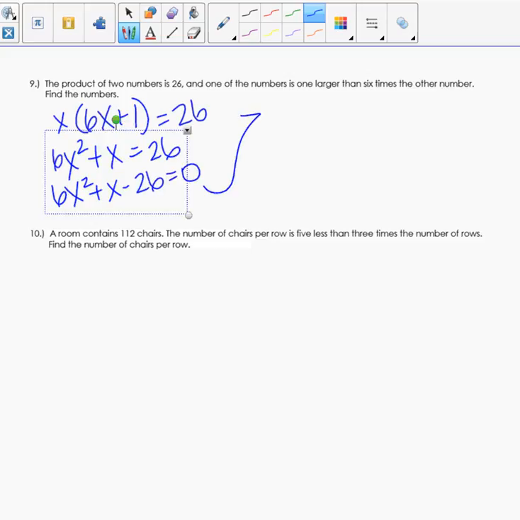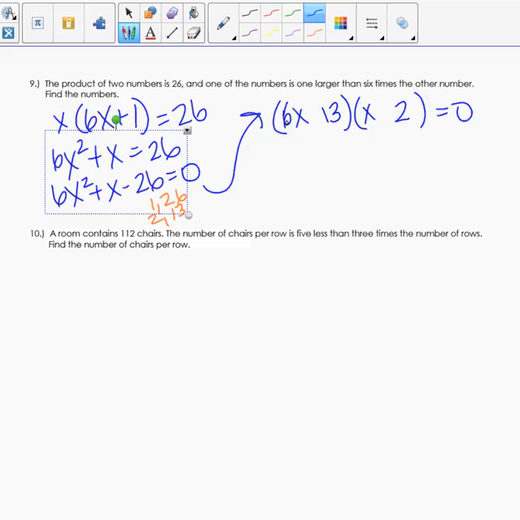Okay, so if you factor that out, you don't have a GCF. Let's see. Factors of 26 are 1 and 26 or 2 and 13. Those are your only options. And we need to get to 1. All right, I'm going to use 6x and x, so then I can multiply my 6 by my 2.